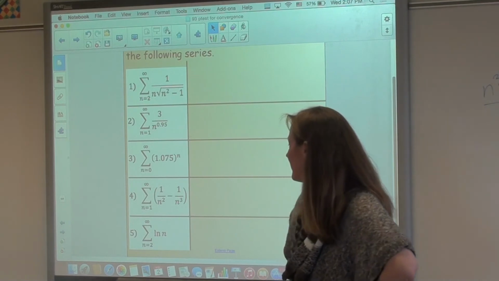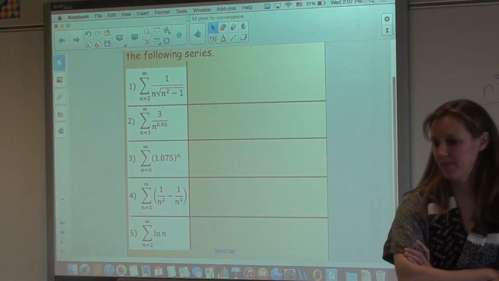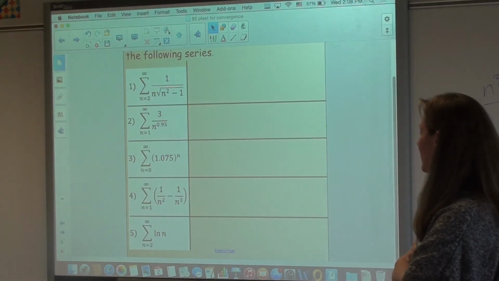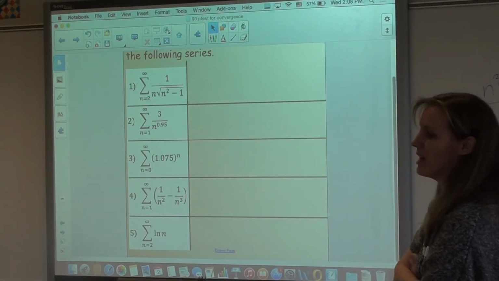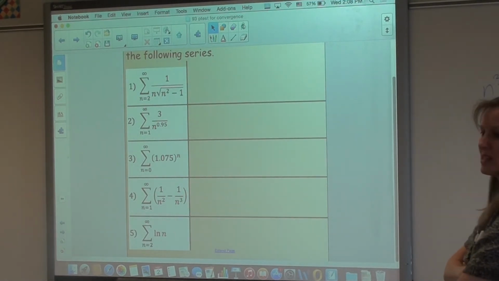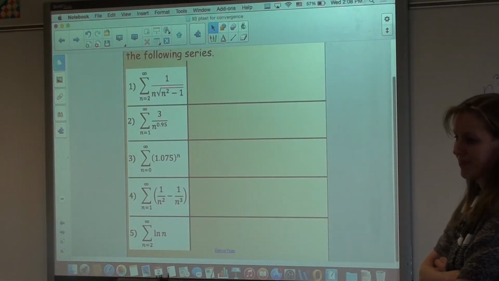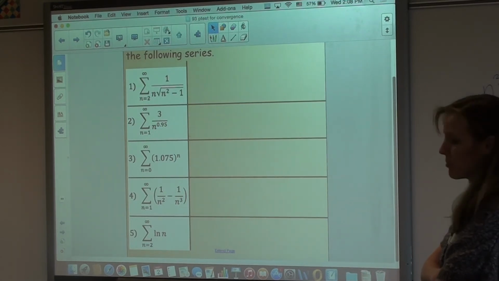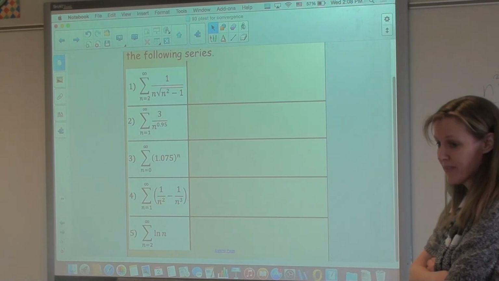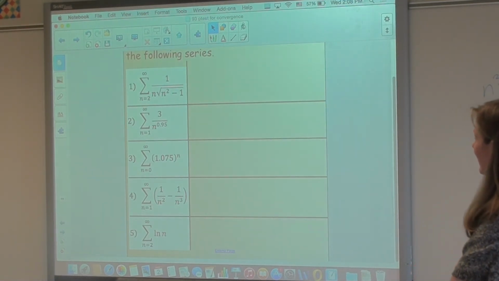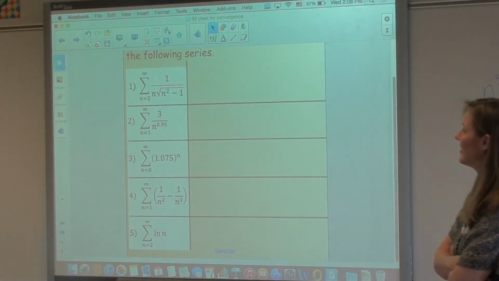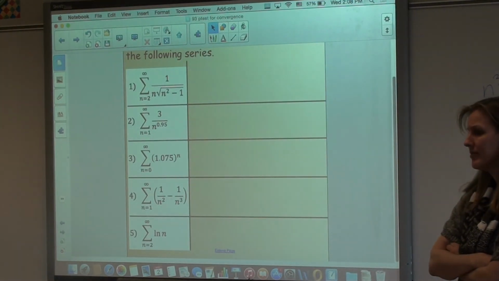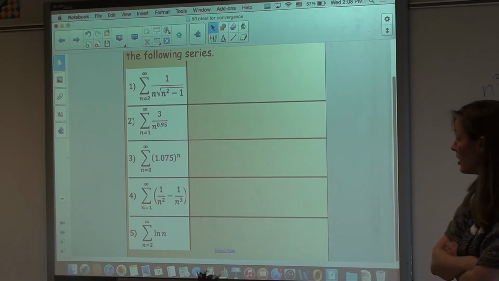Oh, you can put together the... So would that be number 2, 1 over n to the 2/3, diverges? Could you do that?